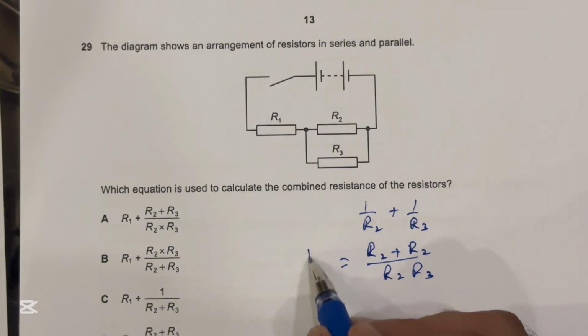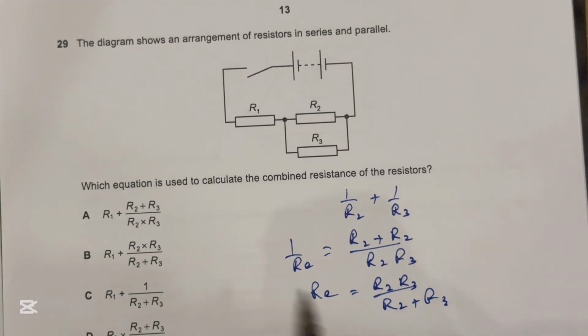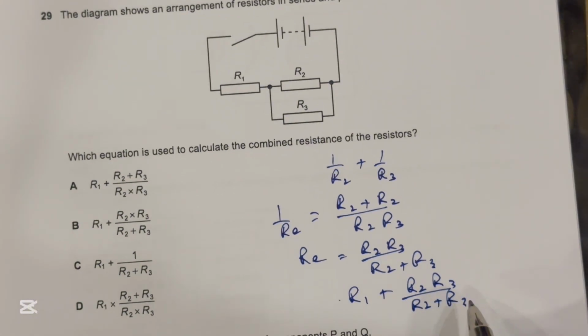So this would be equal to 1 over R equivalent, and taking the reciprocal, it would be R2 R3 over R2 plus R3. And now we need to combine this resistance with R1. So R1 plus R2 R3 over R2 plus R3.